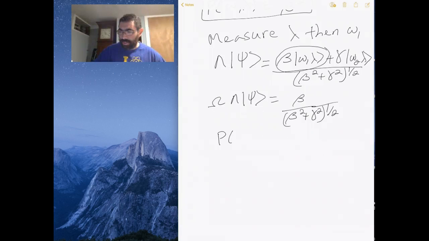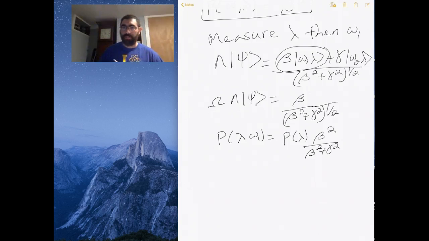And now when we find the probability of measuring lambda first, then omega 1, it would be the probability of getting just lambda times beta squared over beta squared plus gamma squared. The probability of just getting lambda would be beta squared plus gamma squared.